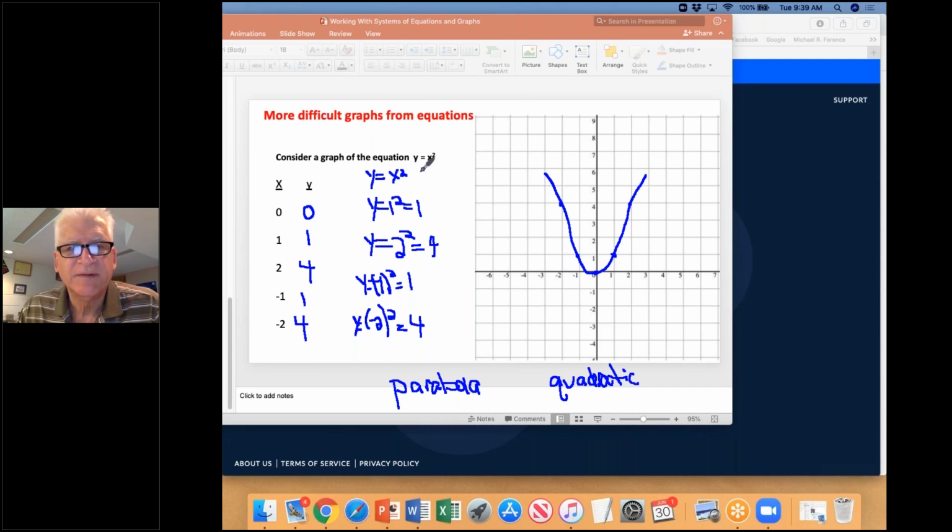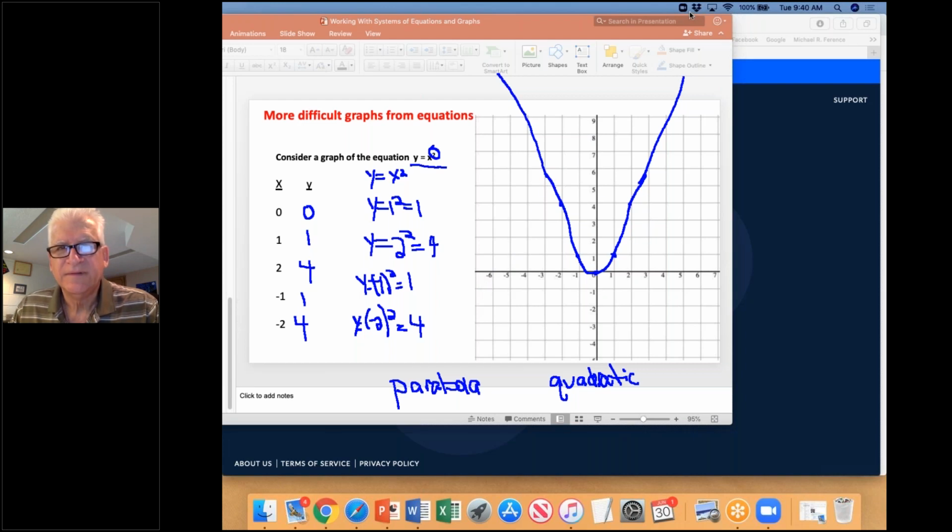Because it's a quadratic equation, because it has an x value that is raised to an exponent, y equals x squared. So it's not a line, but it is a parabola. This parabola continues on infinitely in both directions. Now, there's one interesting point here about a graph of a function.